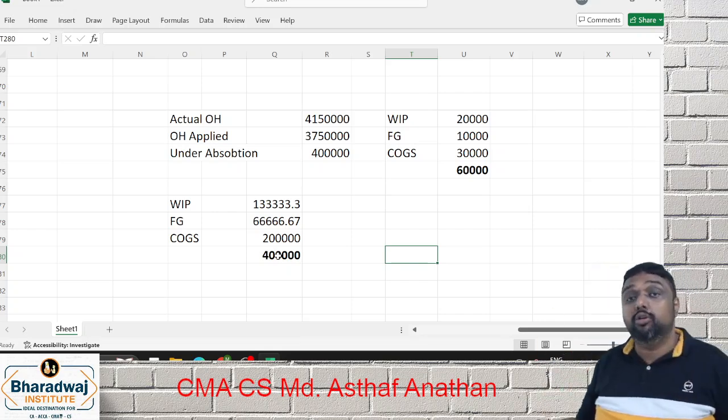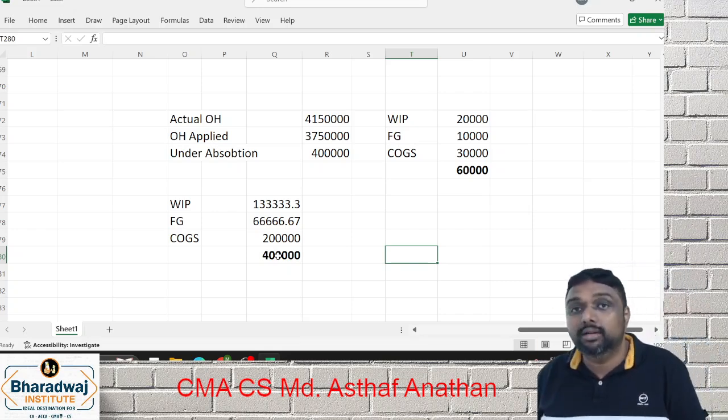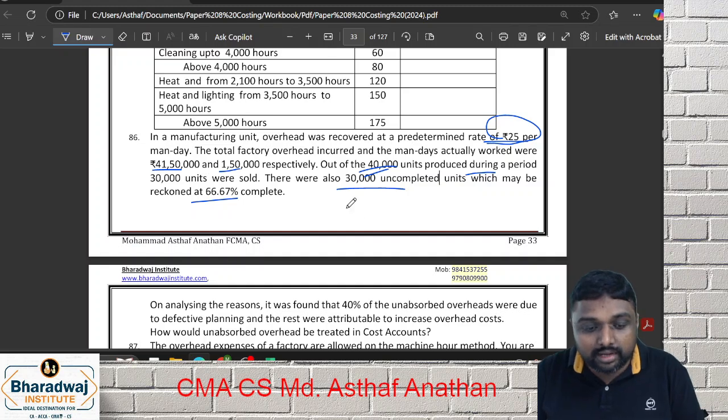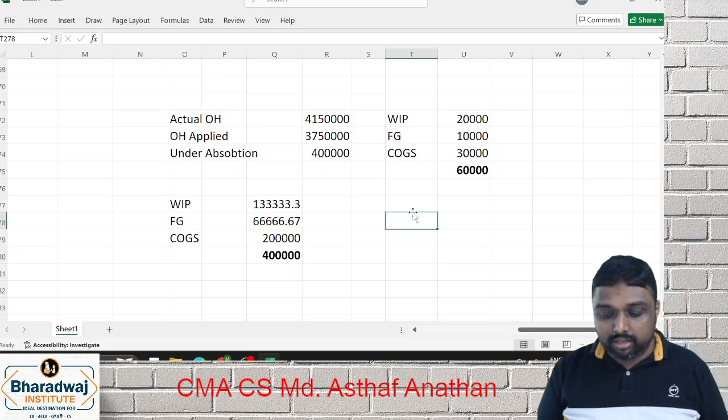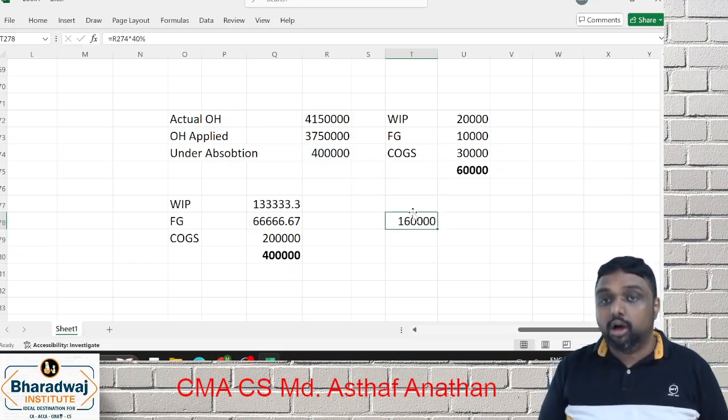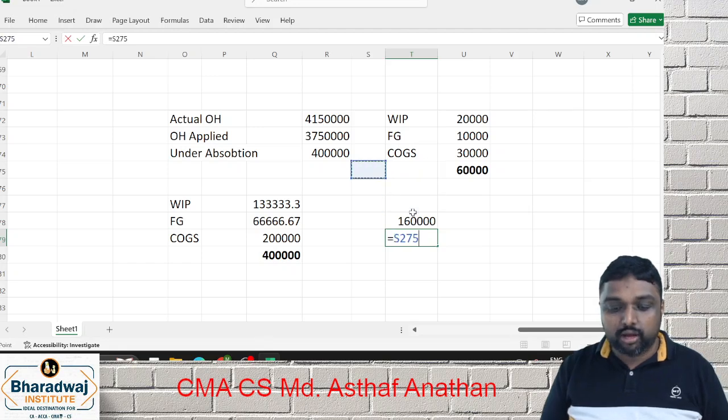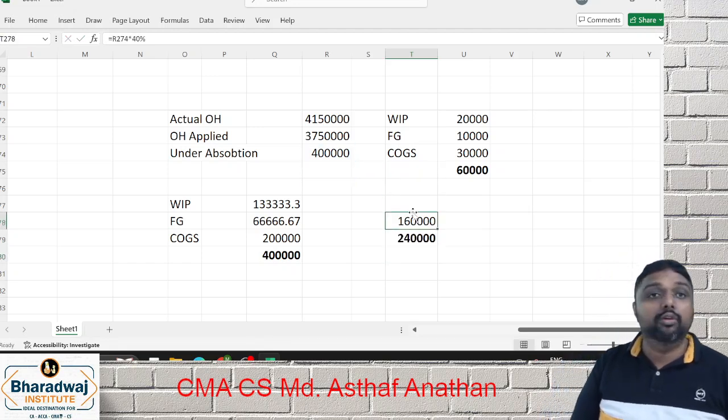But in the class, I told you one more alternative method. They said that 40% was due to defective planning. That 40% you can treat as costing P&L, and the balance you can go for recovery rate. This balance goes directly to costing.